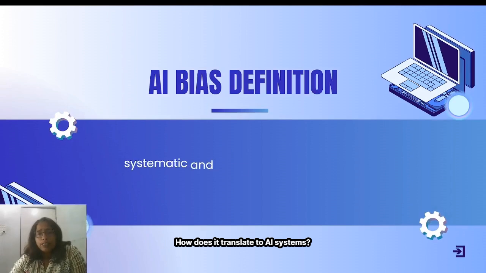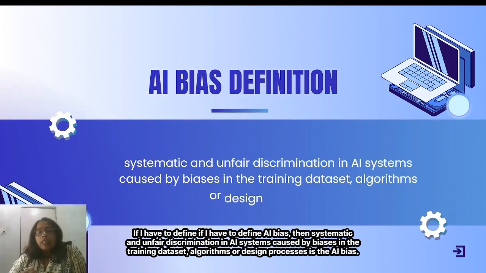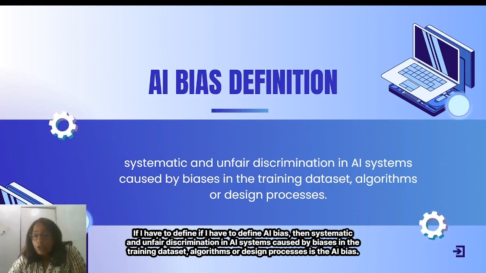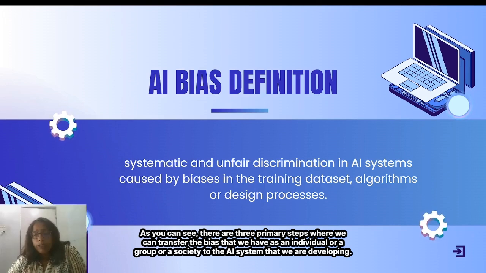How does it translate to AI systems? If I have to define AI bias, then systematic and unfair discrimination in AI systems caused by biases in the training dataset, algorithms, or design processes is the AI bias. As you can see, there are three primary steps where we can transfer the bias that we have as an individual or a group or a society to the system that we are developing.